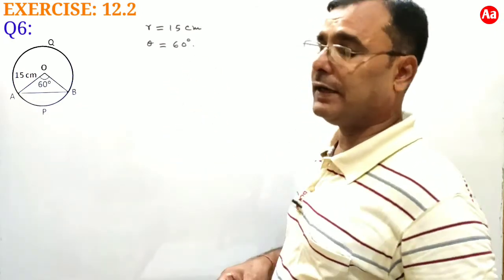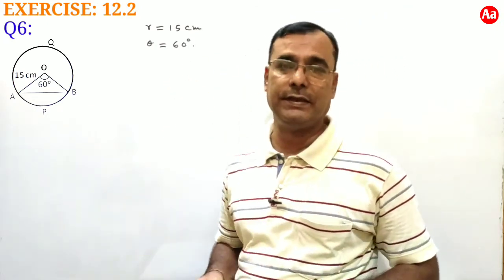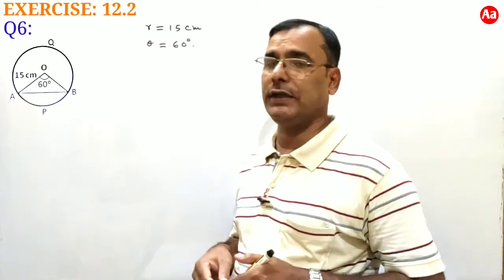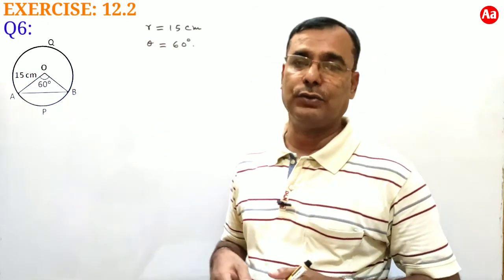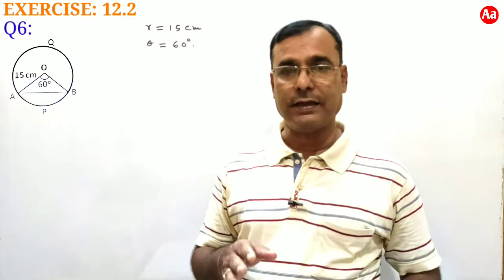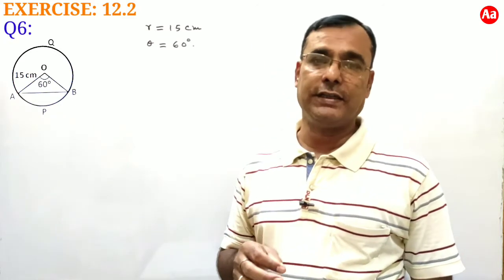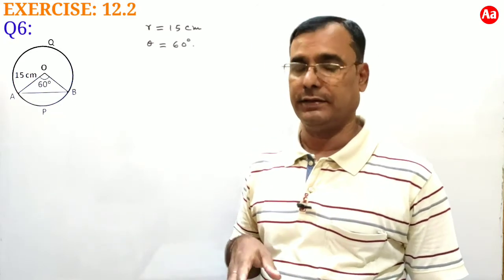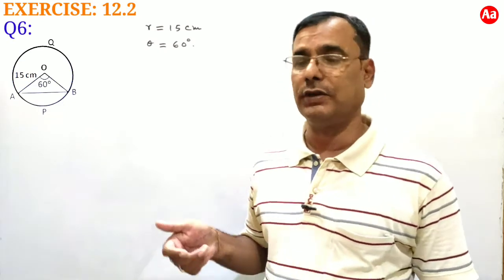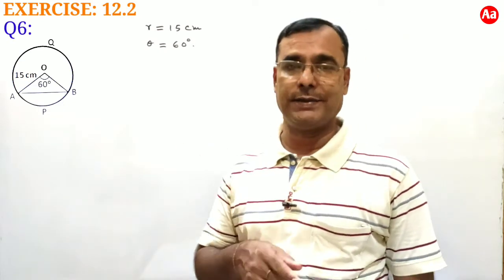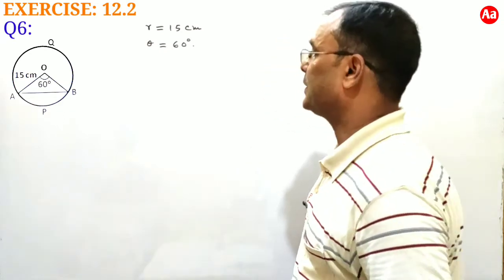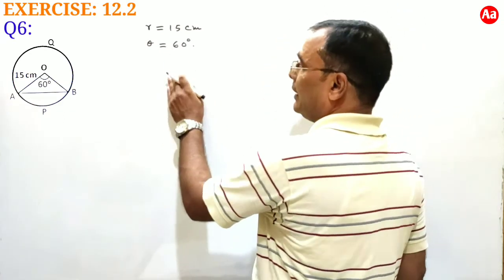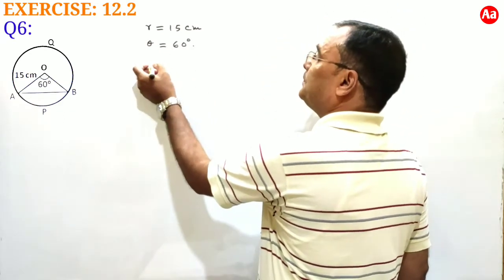To find the area of minor segment APB, let us first calculate the area of sector OAPB and also the area of isosceles triangle OAB. So their difference will be the area of minor segment APB. So let us first find the area of sector OAPB.